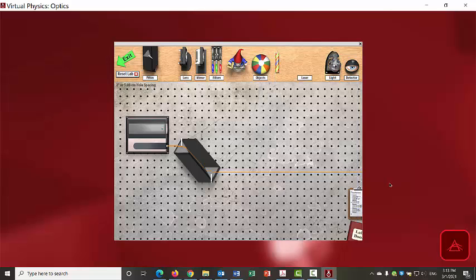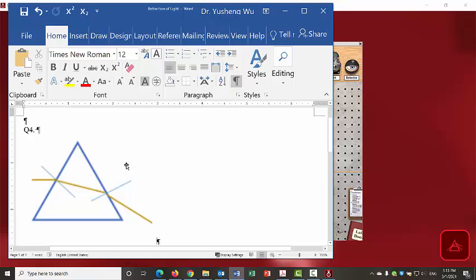The answer is the light bends away from the normal as it exits the prism. When we draw this light, it looks like this. That's the incident light.